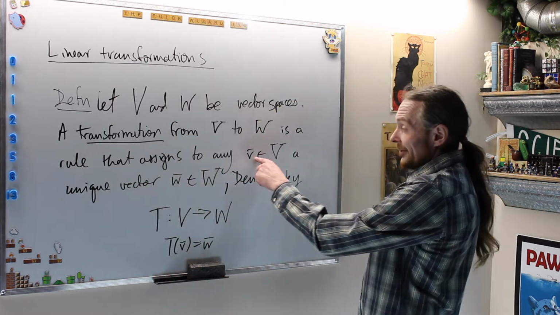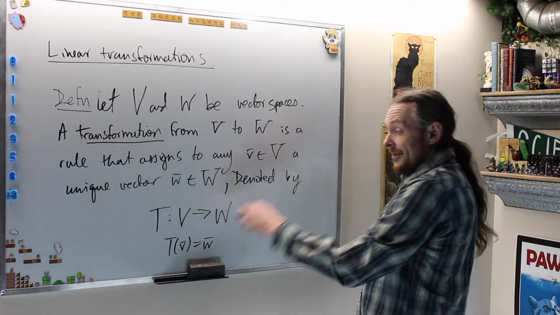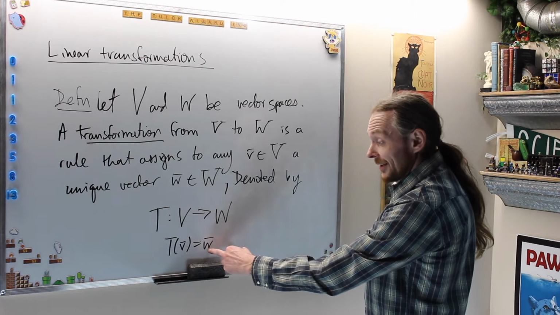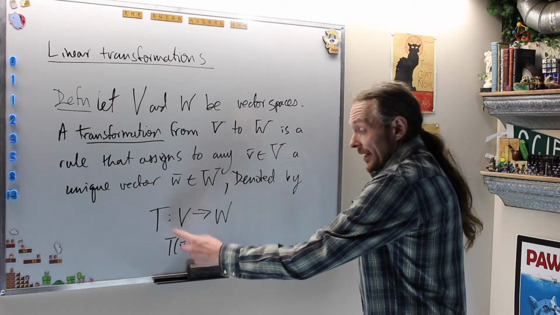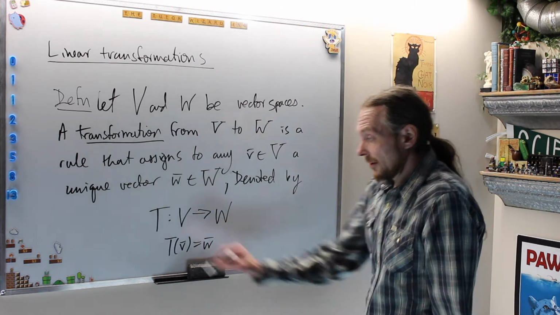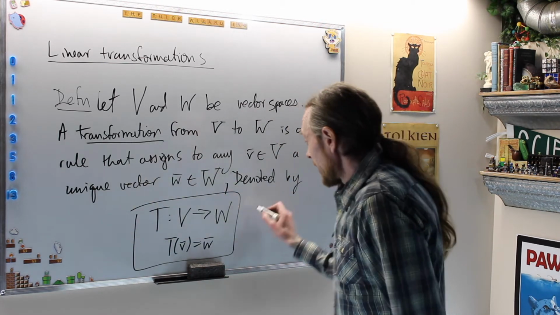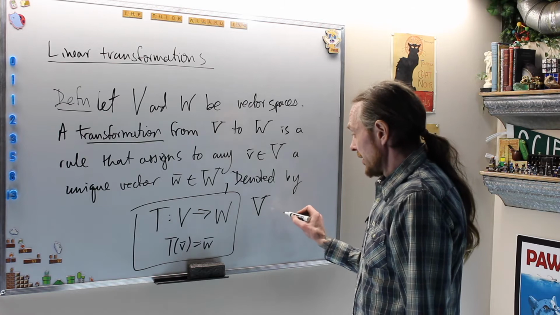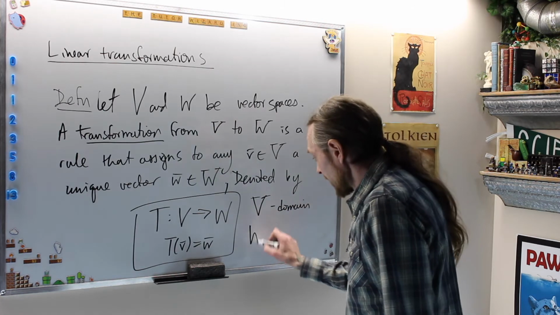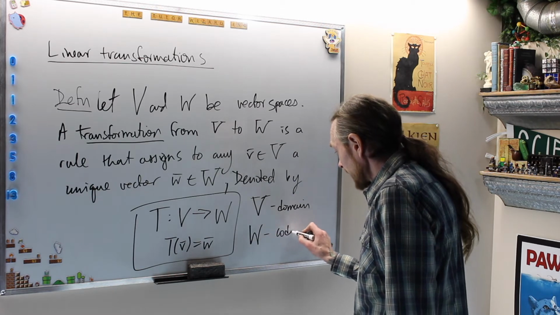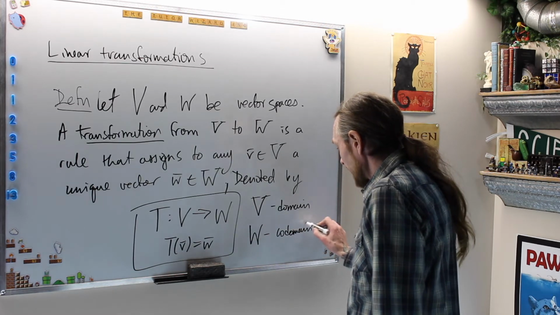So for every vector v in V, through this transformation we can define another vector w, which is the image of v under T. This is our notation. We call V the domain and W the codomain in most cases.